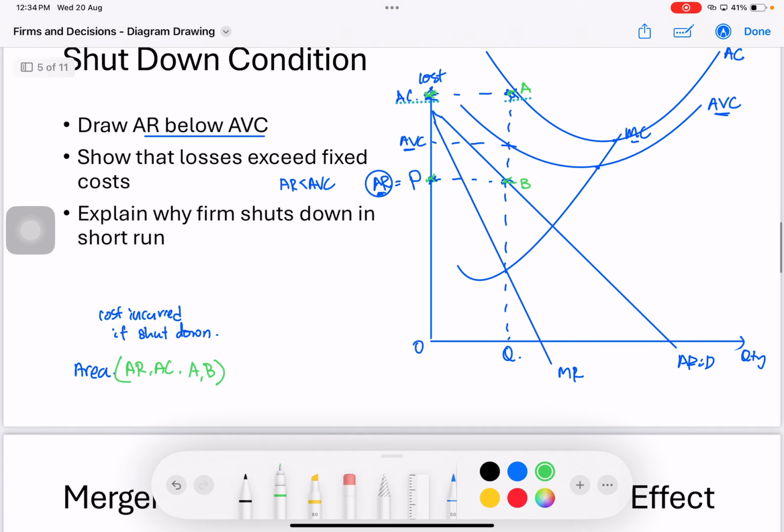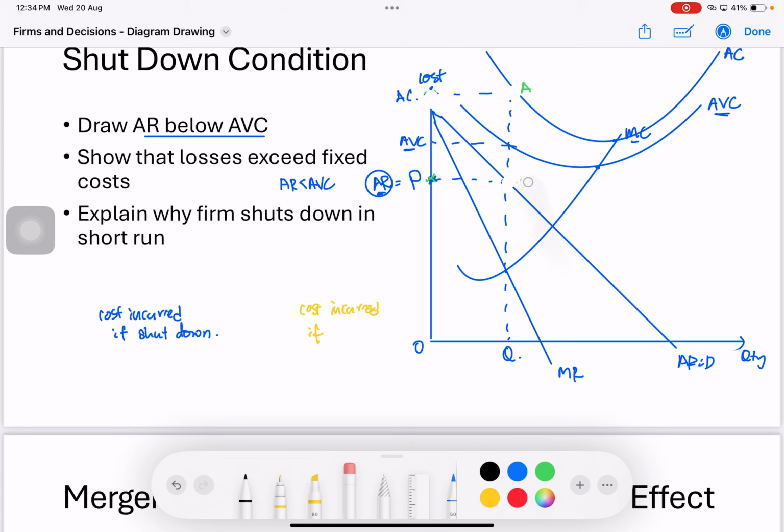Okay, so the cost incurred if I shut down, I was so wrong.